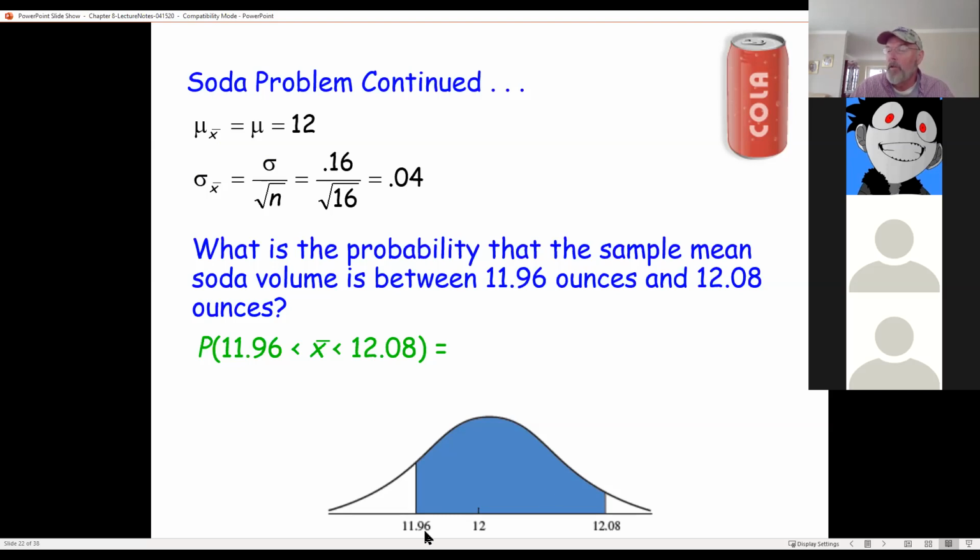We put this in the low column, this is the upper value, we have a mu of 12, and we have a standard deviation of 0.04. That's what you have to use if you're interested in getting the area under the curve. Not 0.16, but 0.04.